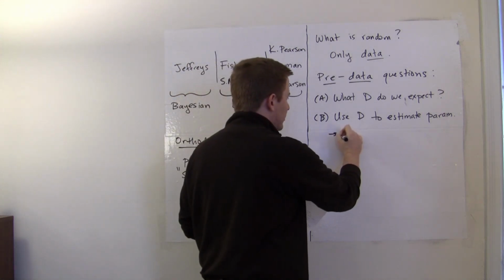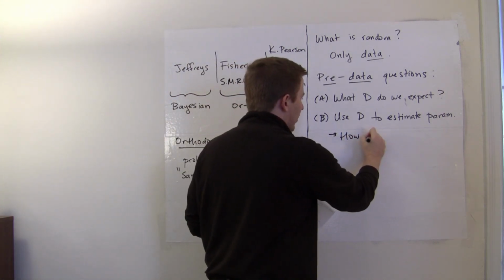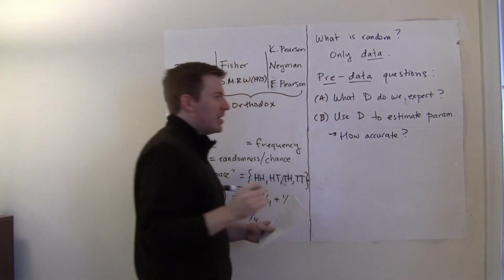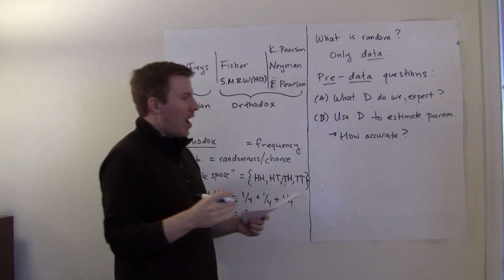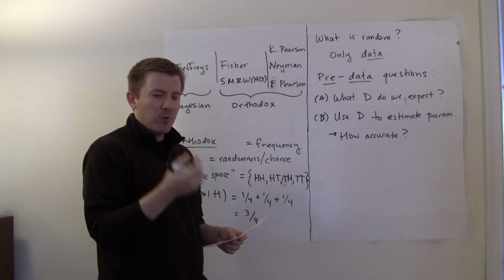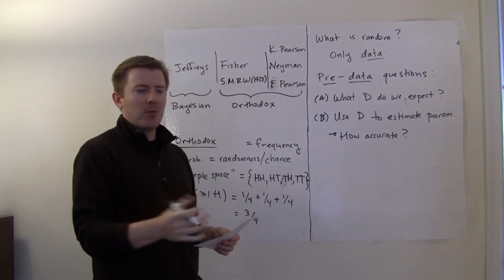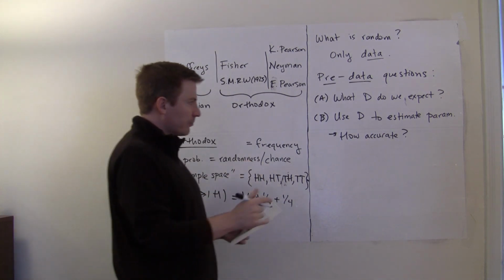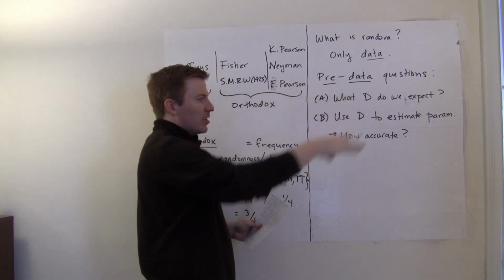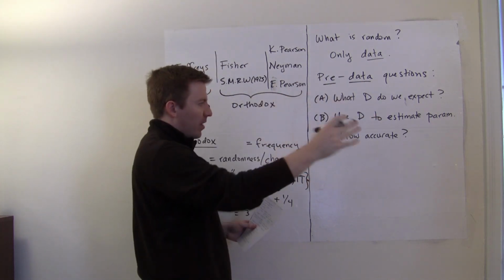We might ask the question, how accurate do we expect that estimate to be, in the sense of how often do we think that it will be within some small range of the true value of that parameter. Okay, we're going to get to this in a minute or two. But that's, again, a pre-data question of imagining doing the procedure over and over again with unknown data.